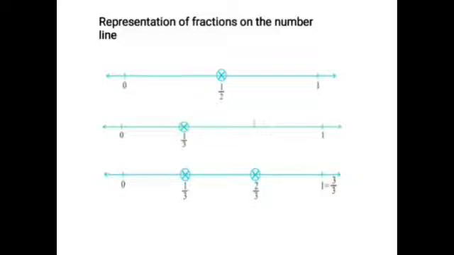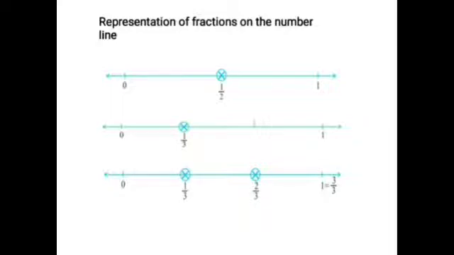Into how many equal parts should the length between 0 and 1 be divided? Yes, 3. We divide the length between 0 and 1 into 3 equal parts and show the one part as 1 by 3.